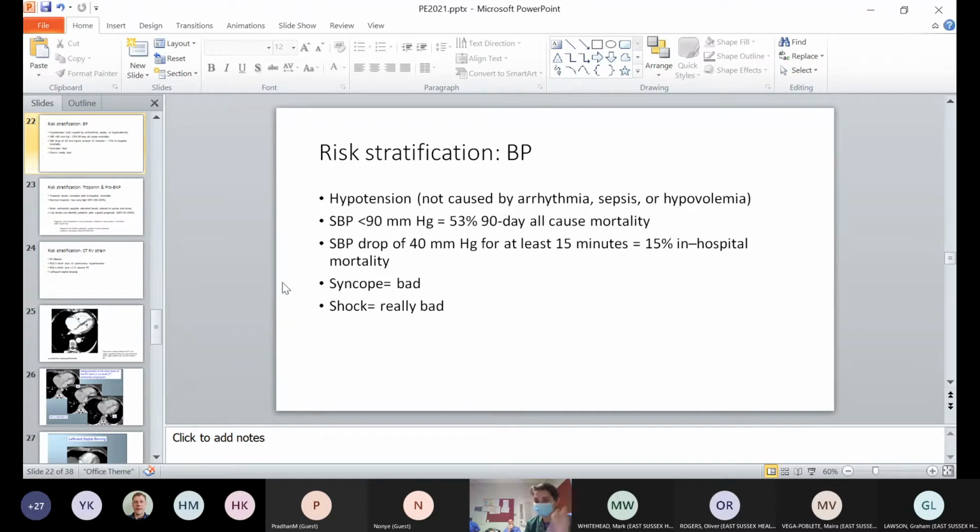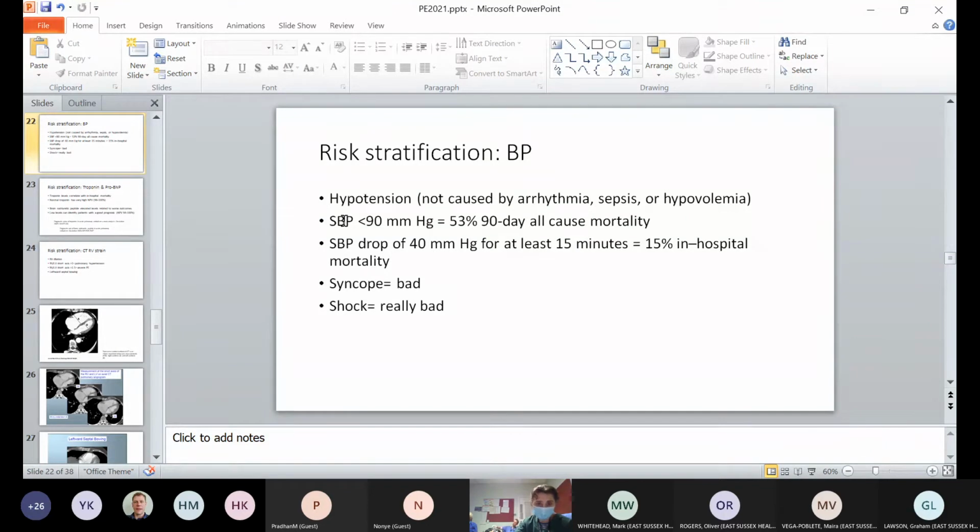So with risk stratification, we're talking about certain things we have to pay attention to, which will make us rush and treat patients right now, or start treatment with anticoagulation and wait for the scan. So it all depends on how people present and what their problems are. And blood pressure is a big thing. We know about massive PEs; this is a criterion for massive PE.